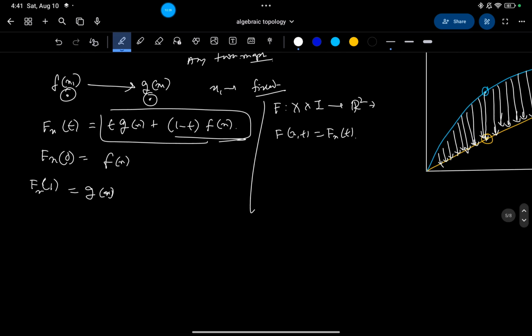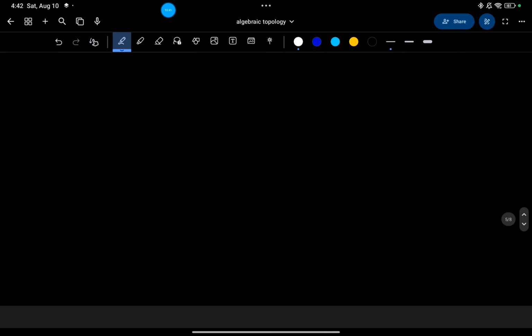And likewise, suppose we have two paths, because a path is also a special kind of continuous function.